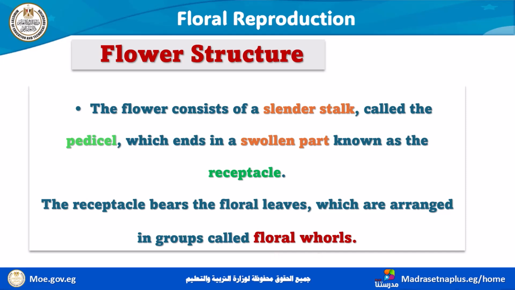We are going in the coming part of our session to recognize each of these floral whorls, describing each of them, and determine the function of each of them. Let's start by showing the structure of the flower and learn more about it.